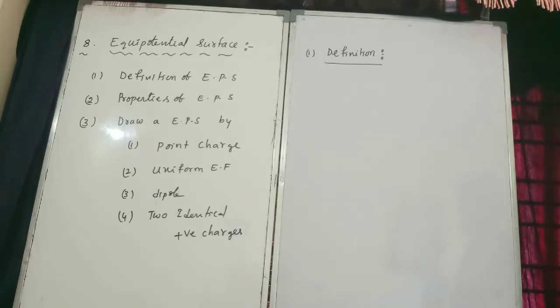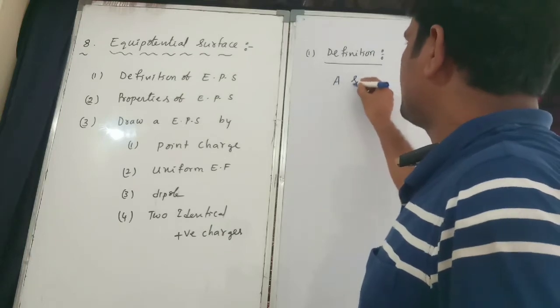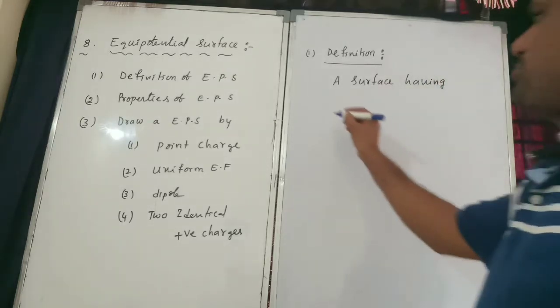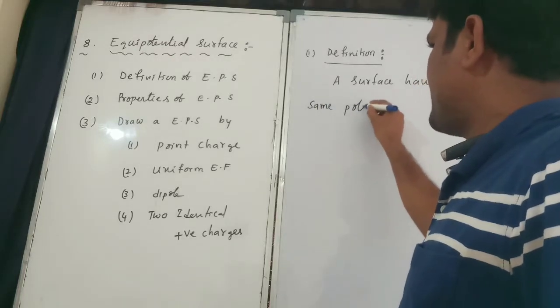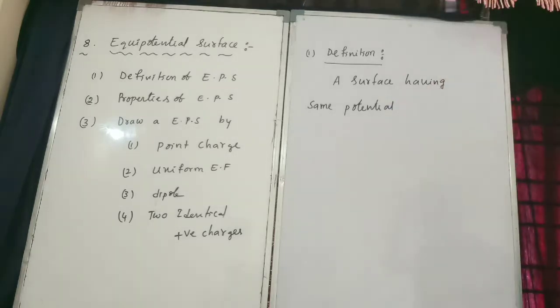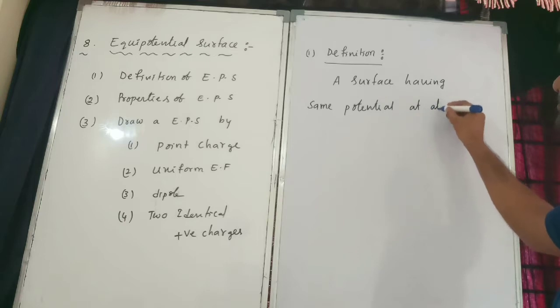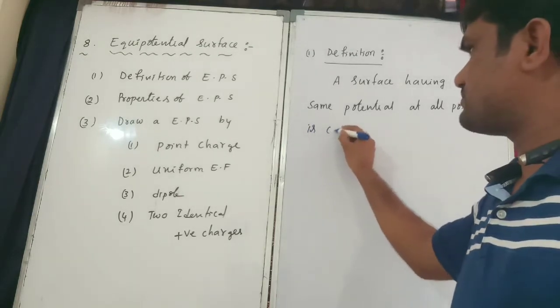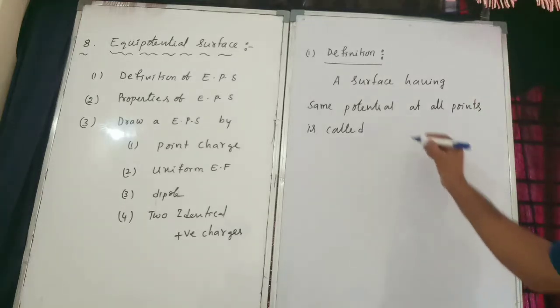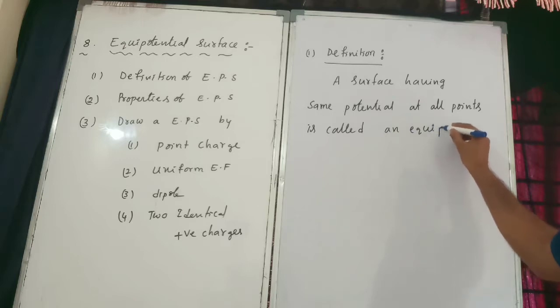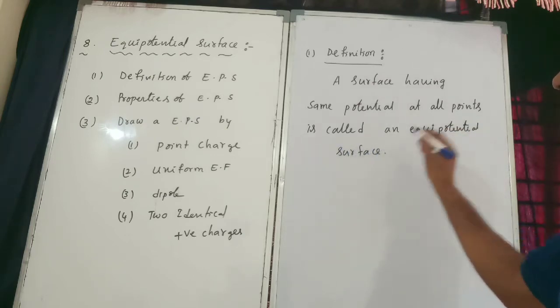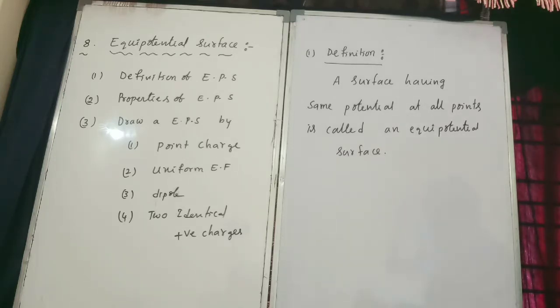A surface having the same potential at all points is called an equipotential surface.